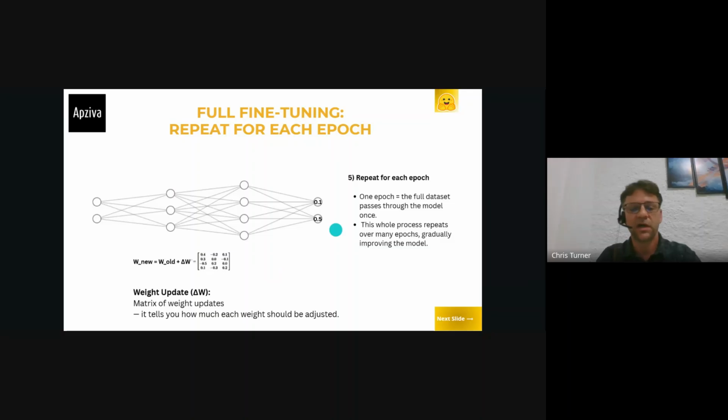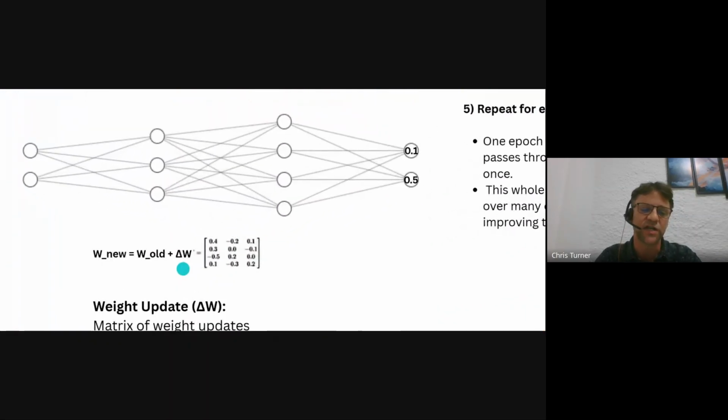And so if you're doing full fine tuning, when we do this backpropagation with gradient descent, we actually create what's called a change in W, or a delta W. And so it's a separate data structure of weights, and it's just a data structure that is saying this is how much we want to change the original weights by.